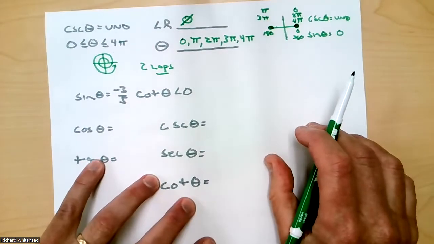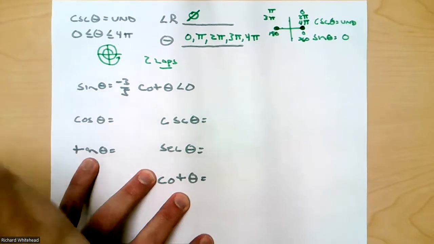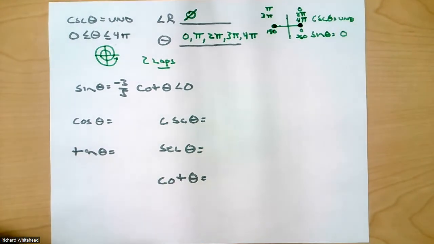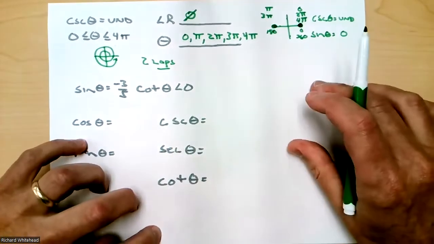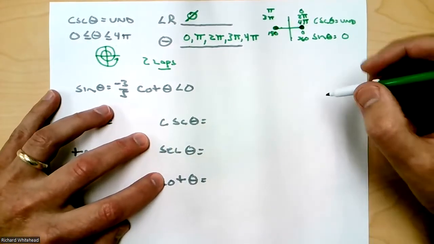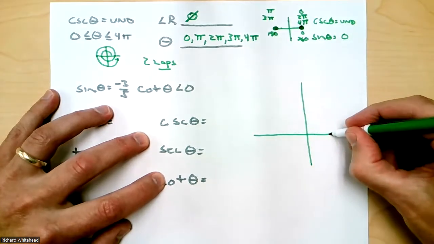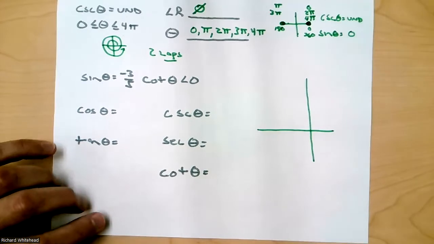Because once again, it's the quadrants that are the situation. Let me see, sine is negative, cotan's negative. When does that happen? When are sine and cotan both negative?